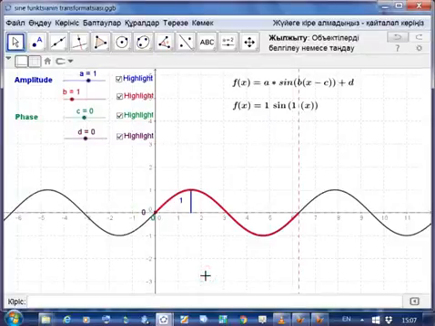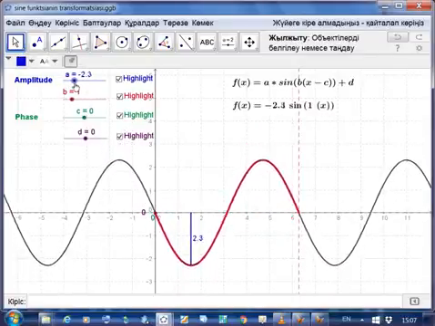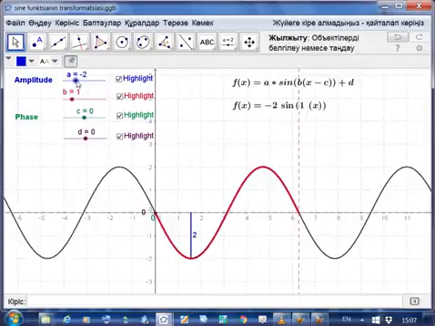Okay, can we now take the minus 2 here, minus 2 times sine 3x?